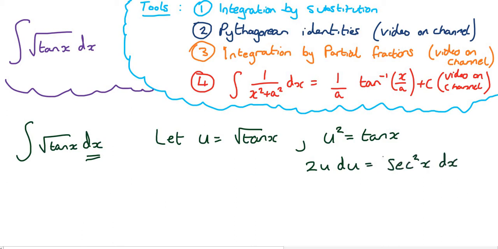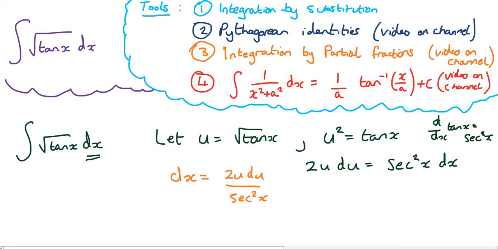That's just a standard derivative: the derivative of tan x with respect to x is sec squared x. Hopefully you're familiar with that. From this we can now see that dx equals 2u du over sec squared x.